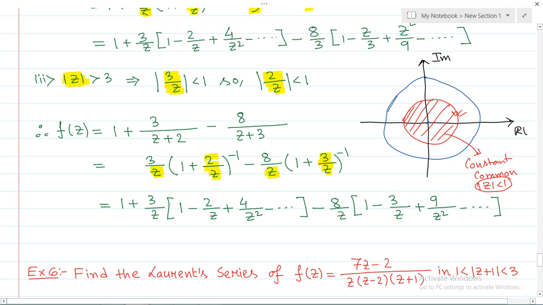If we are having this annular shape of region, then depending on the choice, we have to take z common as well as constant common, so that the structure mod z less than 1 will come.